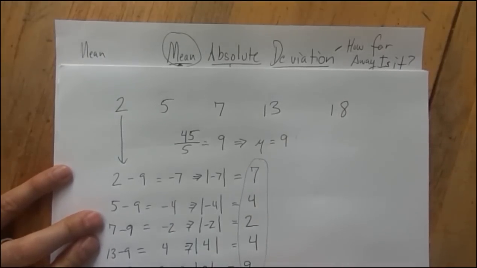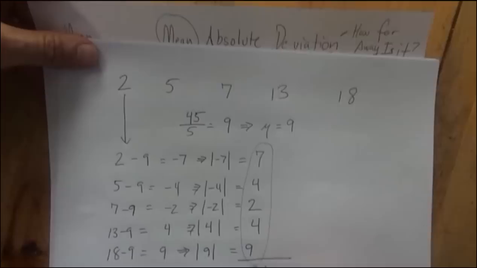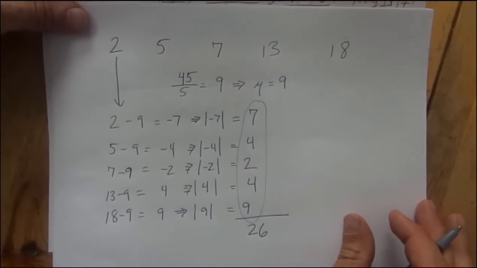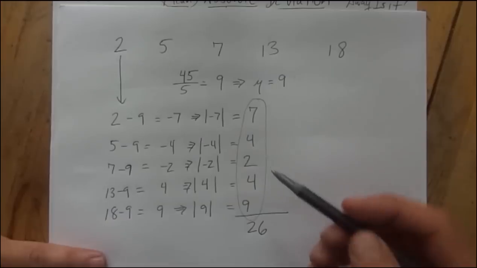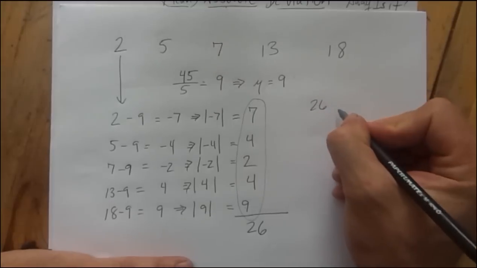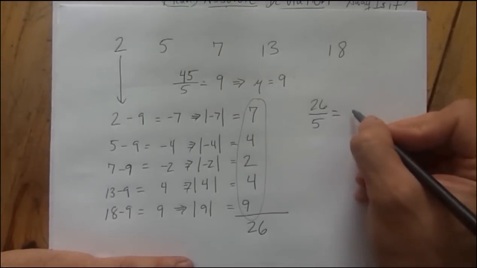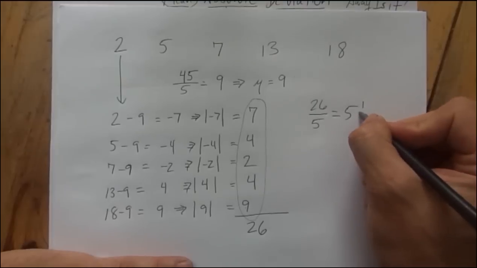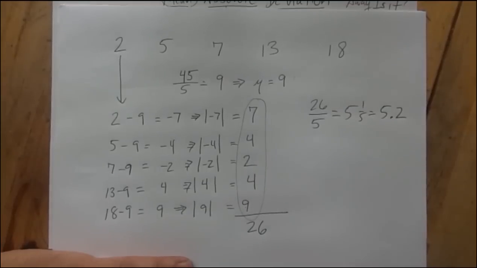So if I add all those pieces together, I get 26. I'm sorry, I had this a little bit off. If I add all these differences together, I get 26. And then I need to divide that by 5. And 26 divided by 5 equals 5, remainder 1, and 1/5, which is the same thing as 5.2.